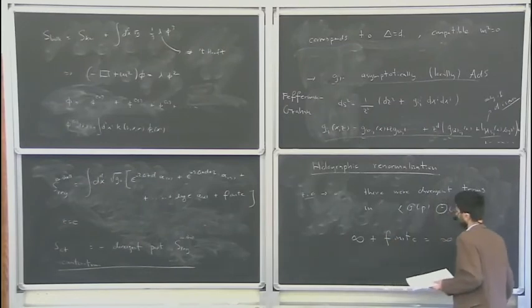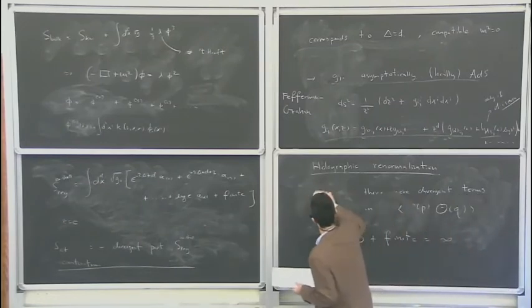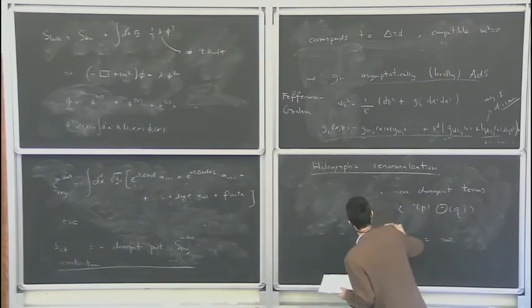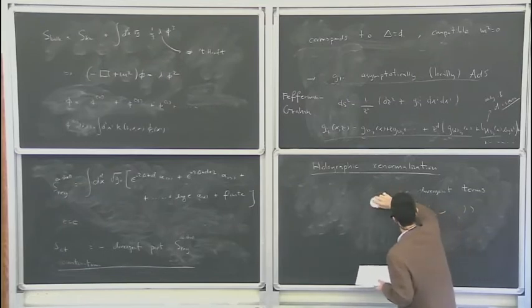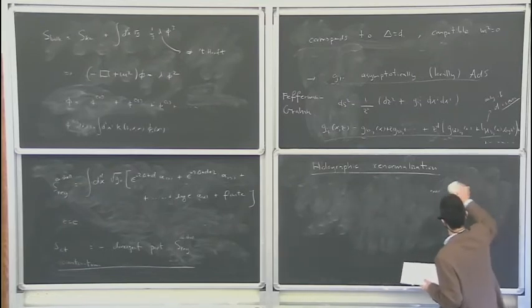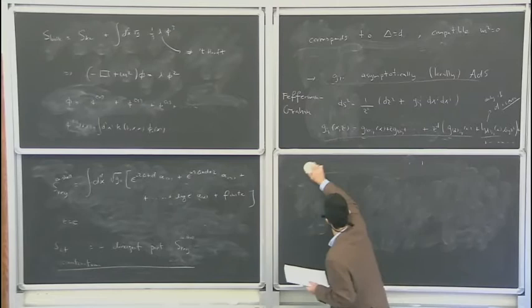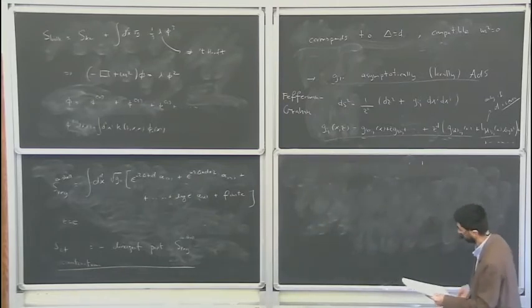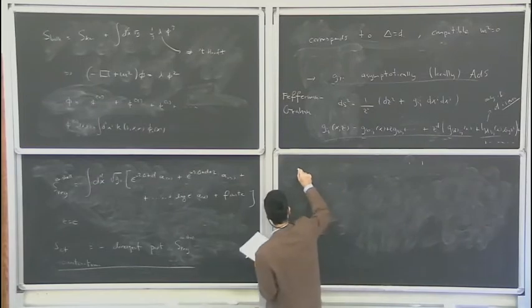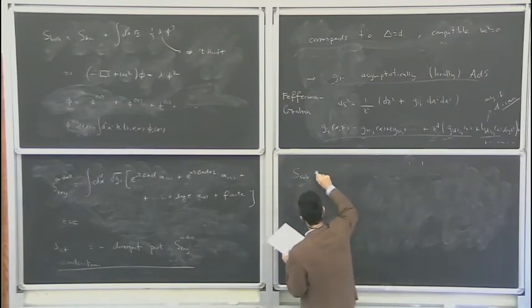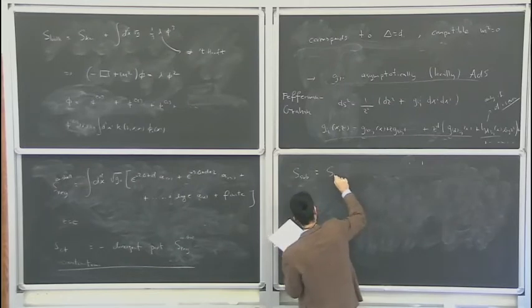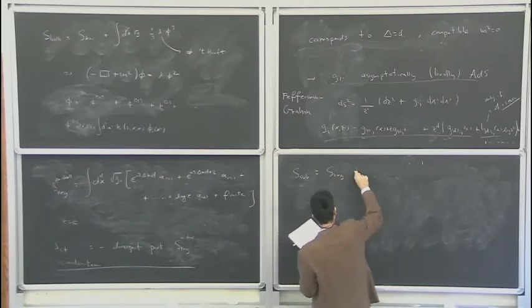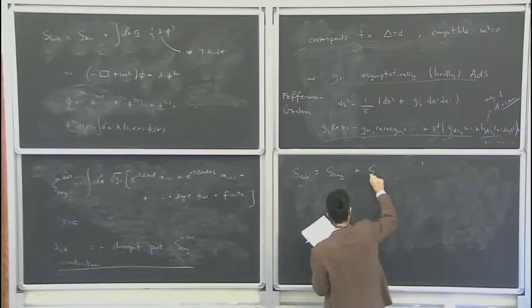Then the regulated action after adding the counter term has the properties that we like, right? So we'll give just a finite result after removing the cutoff. So we define the subtracted action as simply S regulated plus S counter term.